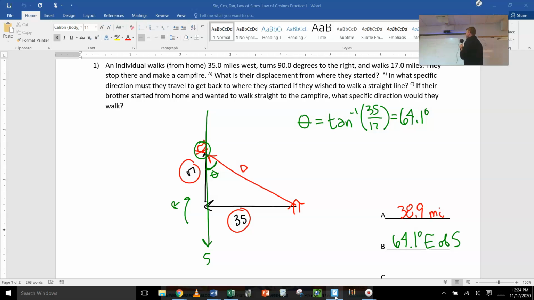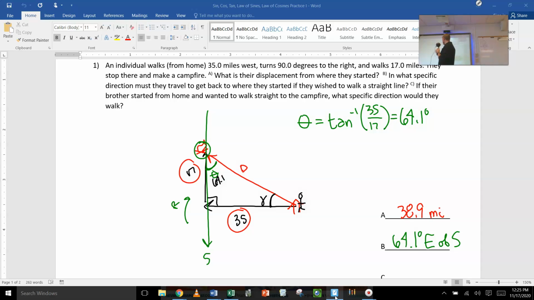If my brother wanted to go from home, so my brother's here at home, he wants to go this angle right here. Let's call it gamma. I think that's what that is. So if this is 64.1, this is the complement. So remember how all angles in a triangle, especially this is a right triangle, have to add up to 180.